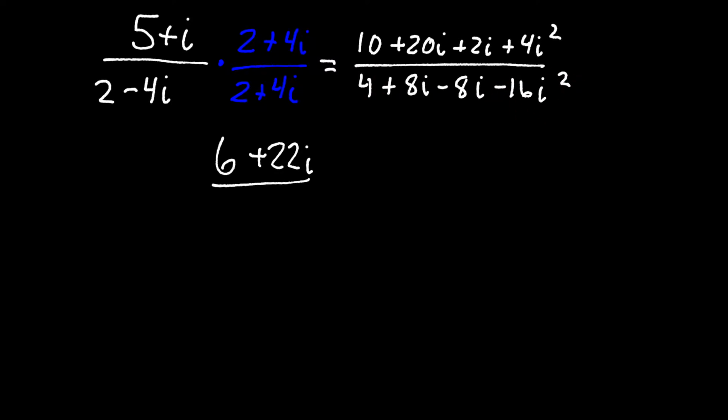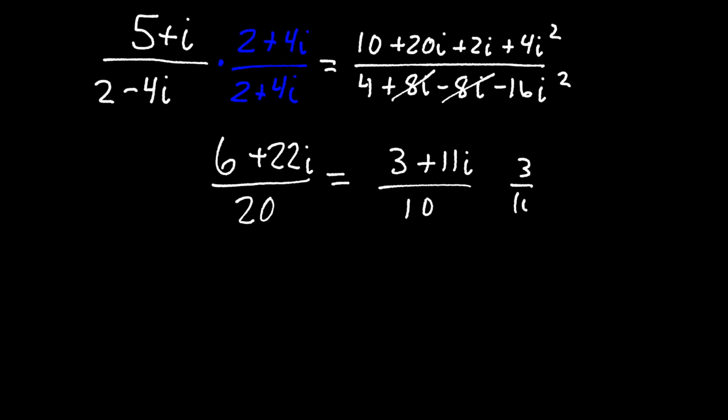Plus 4 is 20. And 8i minus 8i is 0. So we have 6 plus 22i all over 20. And 6, 22, and 20 can all be divided by 2. So our final answer is going to be 3 plus 11i all over 10, or 3/10 plus 11i over 10.